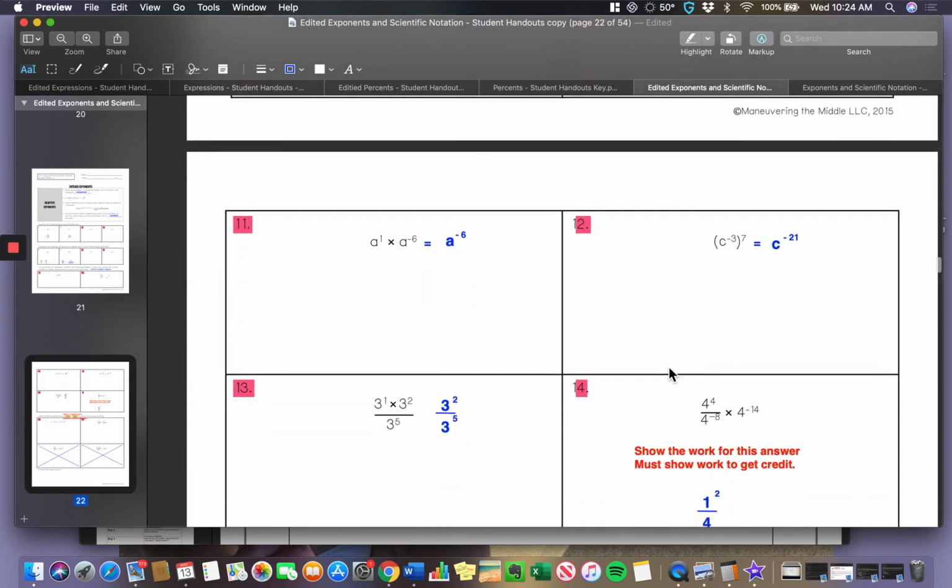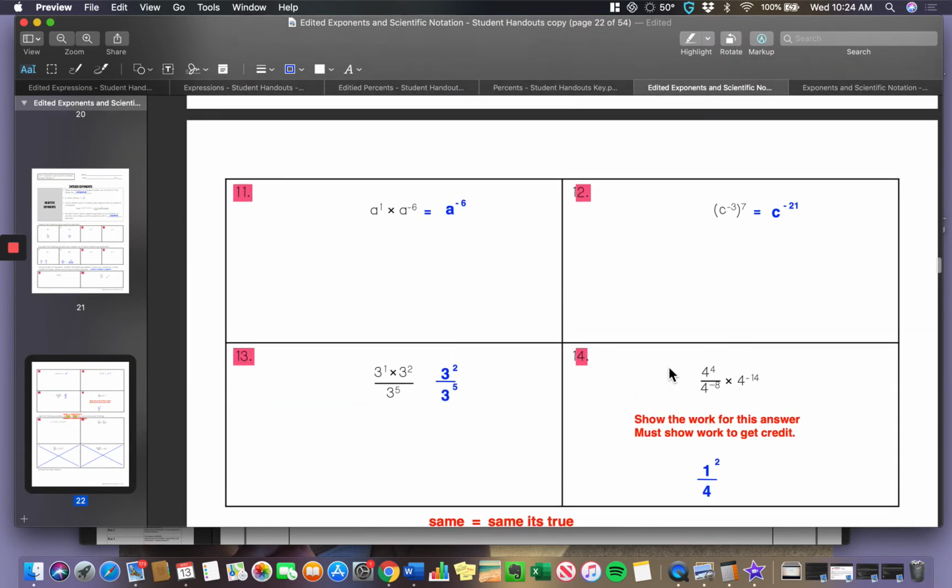All right, some of these I did modify for you, and you see writing here, but basically what I'm asking you to do, just like the top 1 through 4, is take this and find its reciprocal. Same thing for number 12 and number 13. However, number 14 was a little bit difficult, and it's kind of the hardest problem of the day.